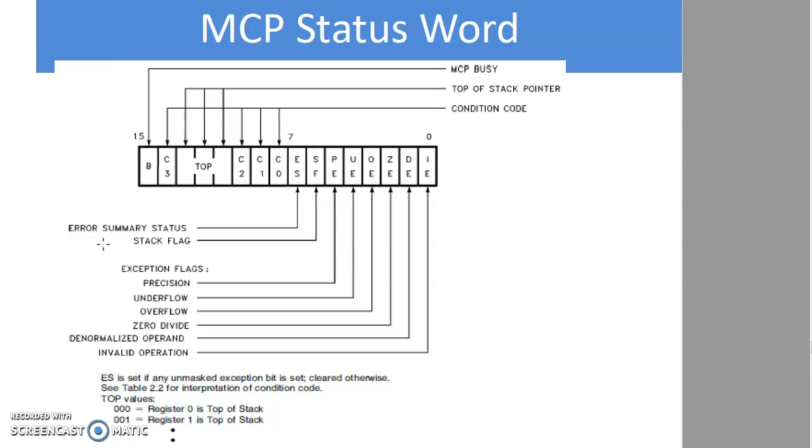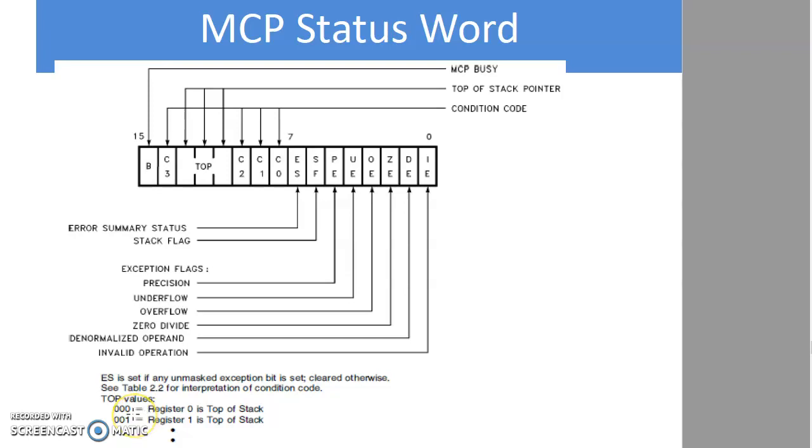Another thing in this status word is that the top of the stack can be mentioned in it. It gives the top of the 8-register stack that 80387 has. These top 3 bits give which register is the top of the stack.